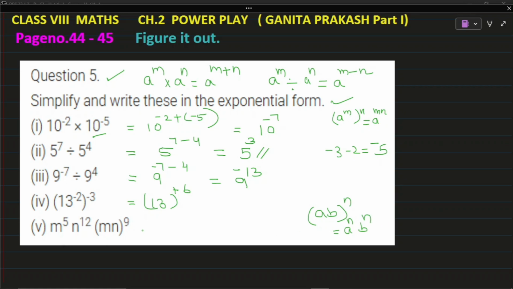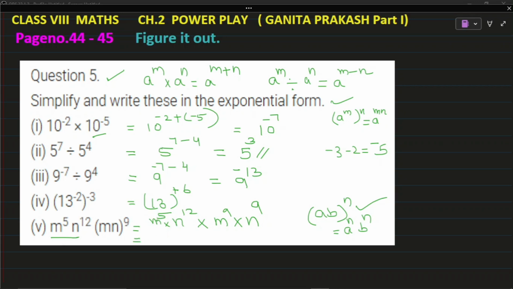So using this, the first part we will write first without any change, that is m raised to 5, n raised to 12. Then for the next one we apply this property. So this becomes m raised to 9 multiplied with n raised to 9. Here also, if there is no symbol, that means multiplication sign.